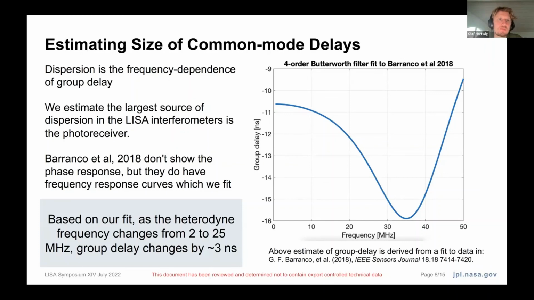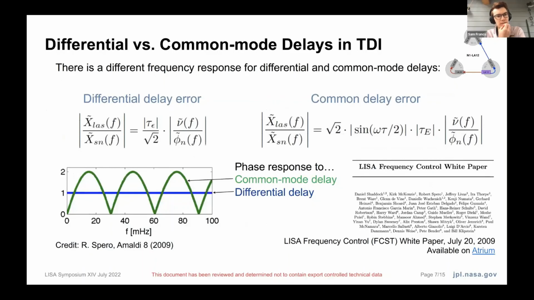From our understanding, TDI has a different frequency response to these delays, whether they're the differential or common mode ones. We think that means treating them as a single delay doesn't necessarily correct for them. Our analysis suggests they really do need to be treated separately.